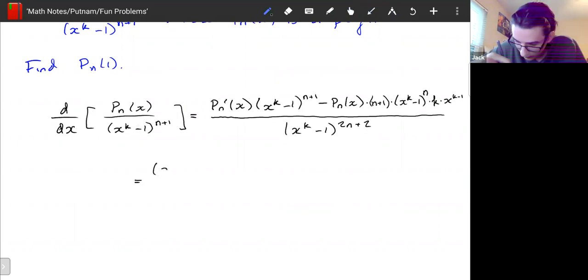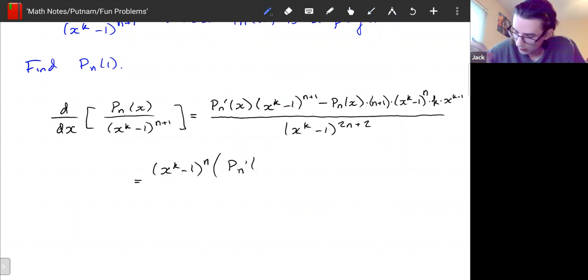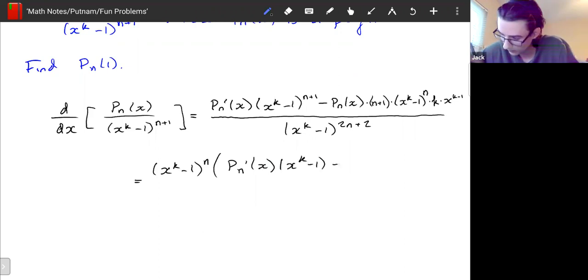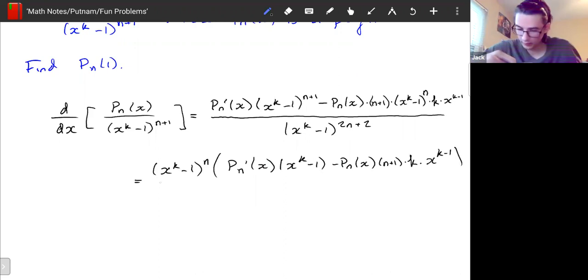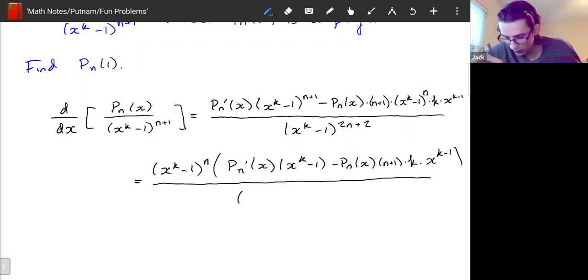So we have x to the power of k minus 1 to the power of n multiplied by p sub n prime of x times x to the power of k minus 1, minus p sub n of x times n plus 1 times k times x to the power of k minus 1. And on the denominator, we have the same thing, x to the power of k minus 1, 2n plus 2.